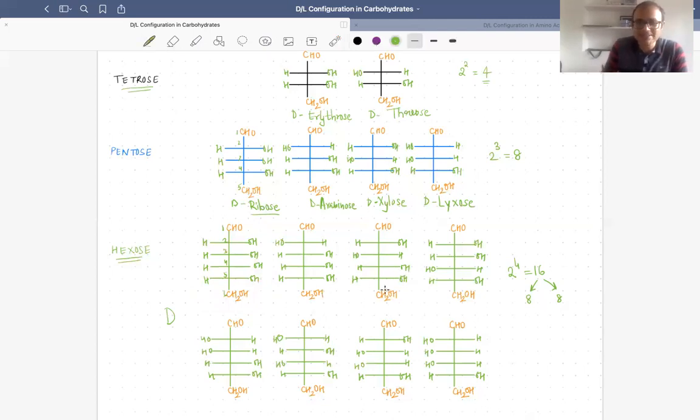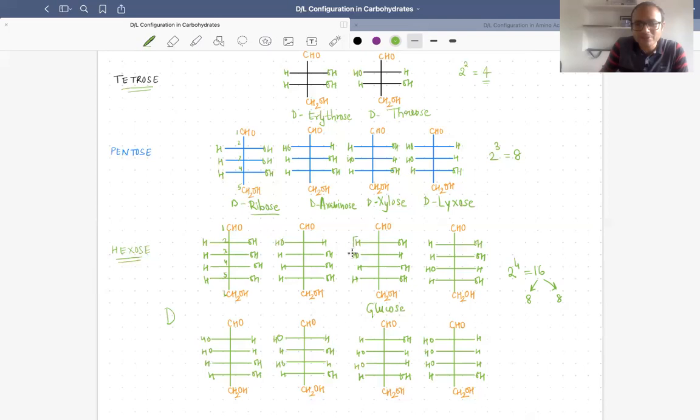Glucose is the one that you should always remember. Glucose, if you see, is H OH, OH H, H OH, H OH. So this one is what you call glucose. You can easily remember this. I have seen one example which teaches good manners.